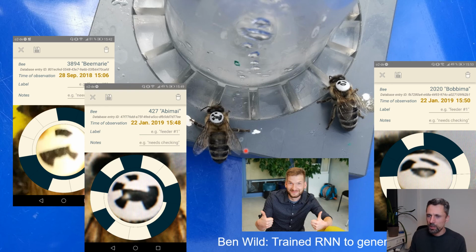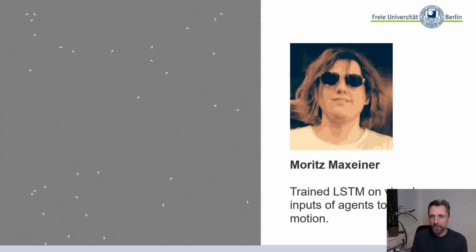What we usually also do is to make sure that we are talking about the same animal: we combine the numeric ID with a name, and that is generated by this RNN. And by the way, it is always a bee pun, right? Bee Marie, bee May, Bobby Ma. There are some tricks involved that I won't go into detail here.